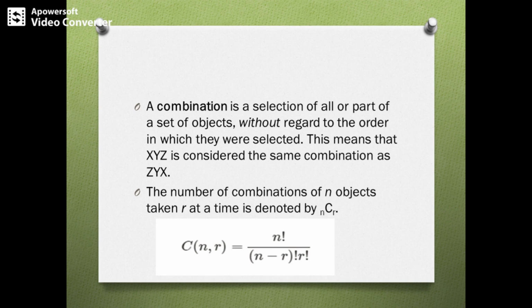The r objects in the combination can be arranged in r factorial ways. So the formula for C(n, r) is P(n, r) by r factorial.